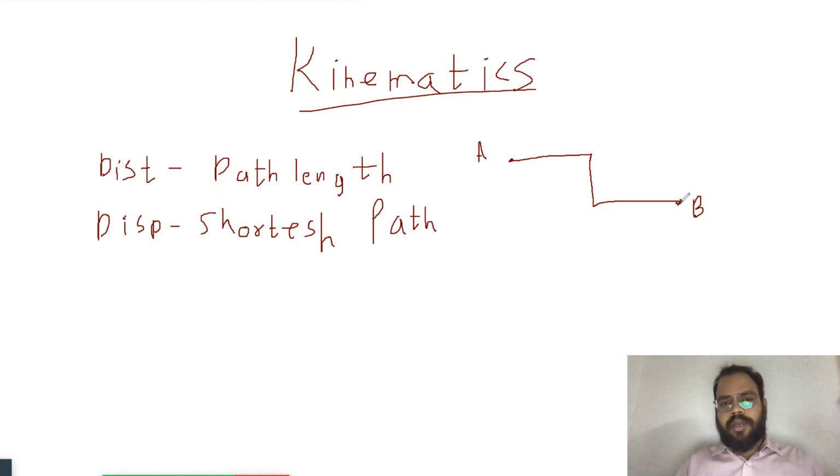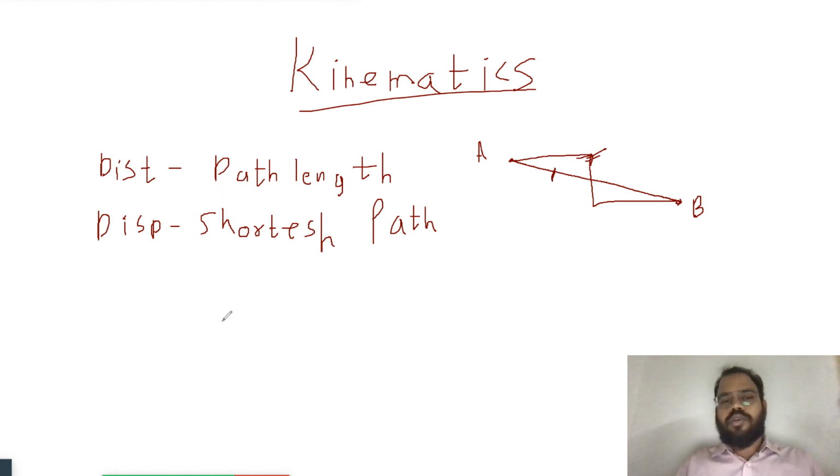For displacement, it will be the shortest path. The shortest path is always a straight line joining the 2 points. So this will be my shortest path, so this is my displacement. This path length is my distance and the shortest path is my displacement.